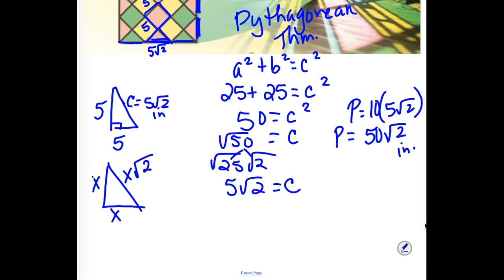But they didn't ask for that because you rarely go around and tell somebody the perimeter of your square is 50 root 2 inches. We convert it to a decimal. They asked us to round to the nearest tenth. So grab your calculators. What is 50 root 2 to the nearest tenth?